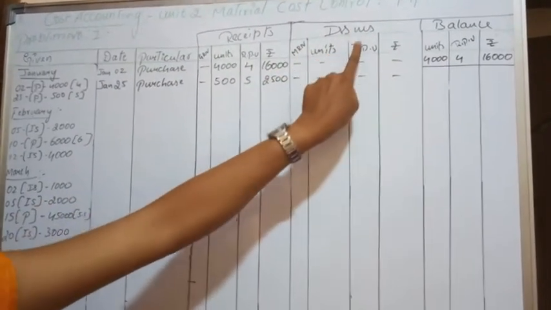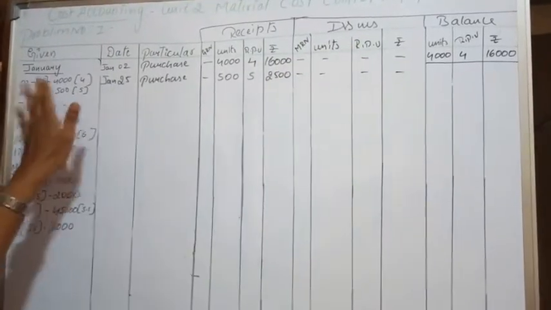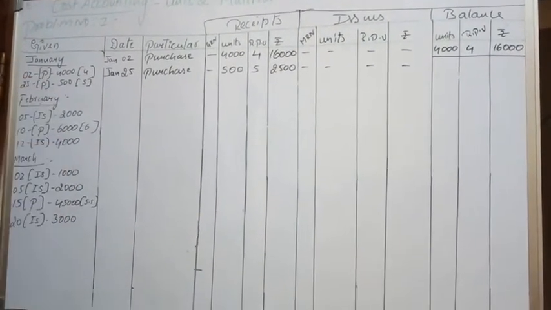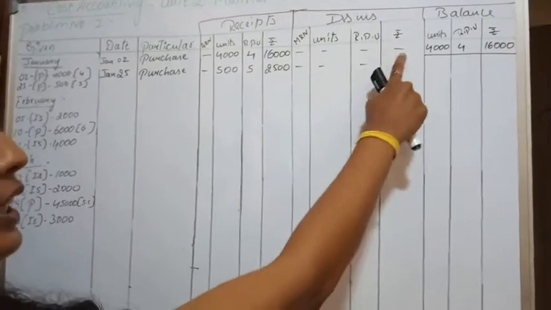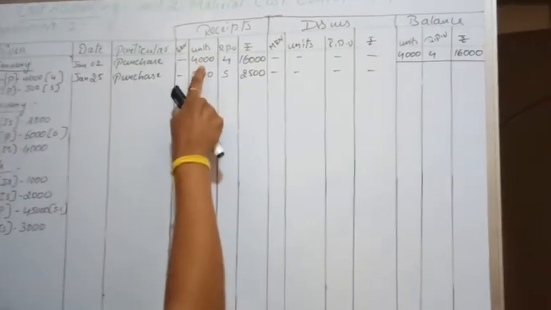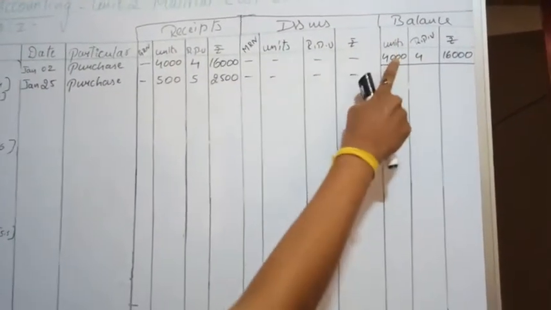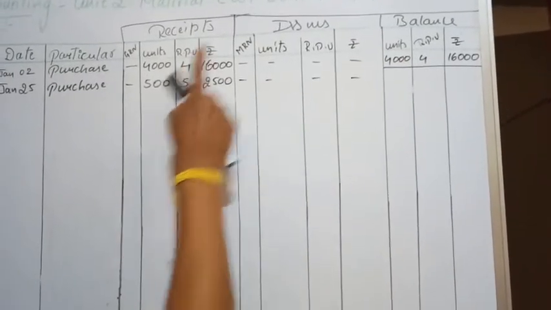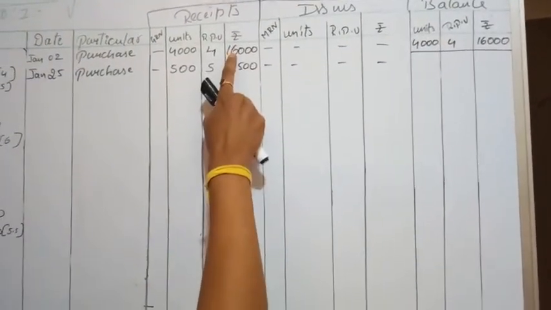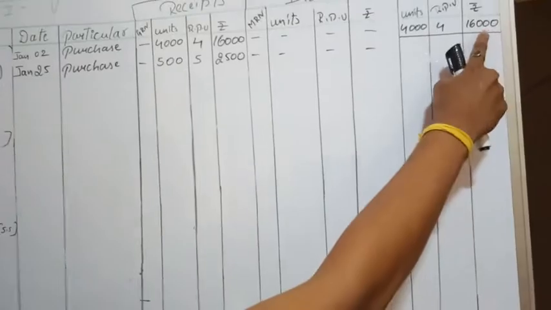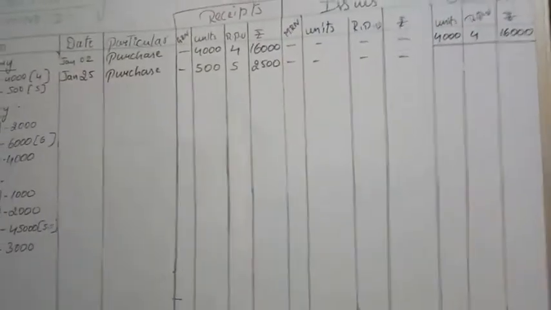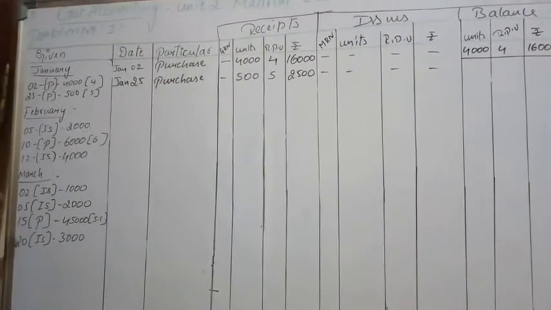In the issue column, we don't have any transaction on this date, so I am showing it as nil. In the balance, I have recorded the same: units 4,000, rate per unit 4 and amount 16,000. Okay, now let us go to the next transaction.